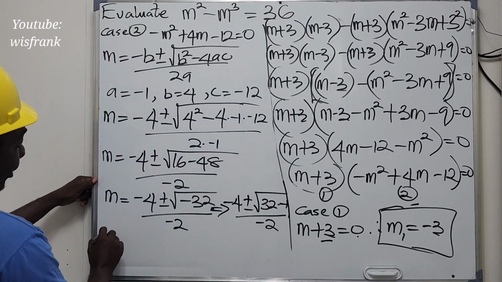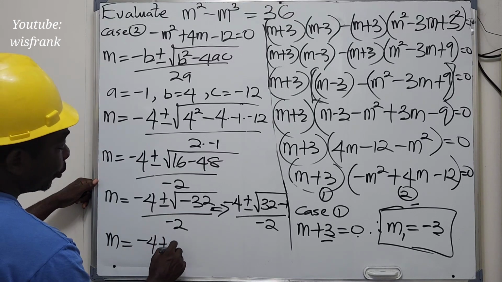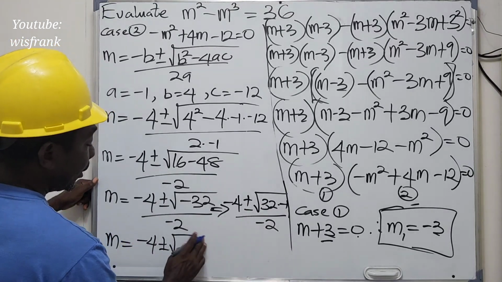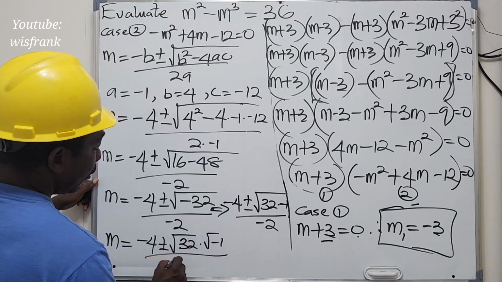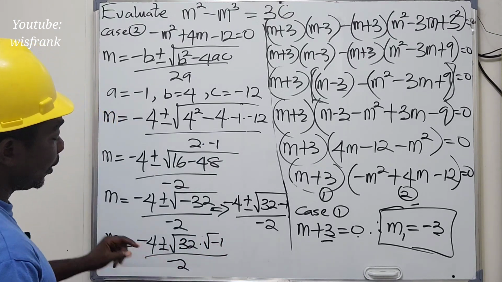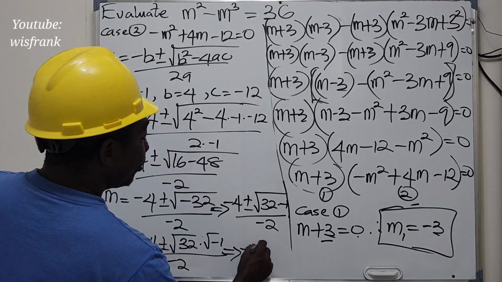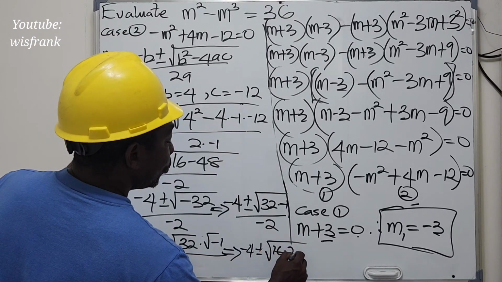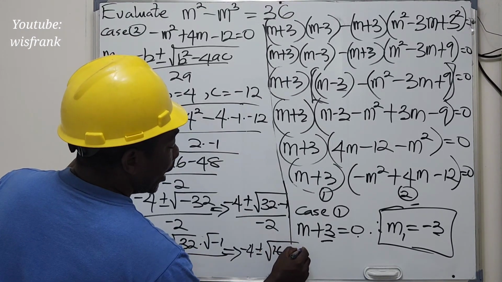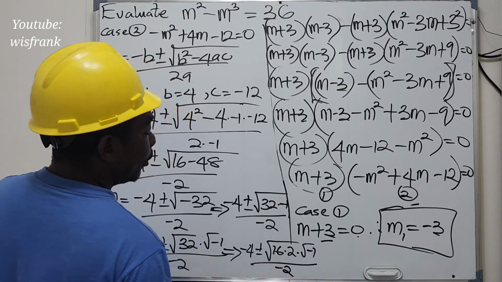This can be written as m equals minus 4 plus or minus the square root of 32, which is the same thing as the square root of 32 times the square root of minus 1, all over minus 2. So this is minus 4 plus or minus the square root of 16 times 2, times the square root of minus 1, all over minus 2.